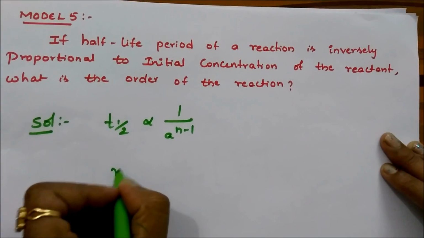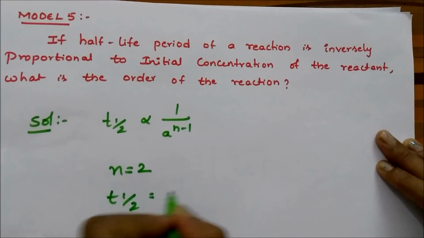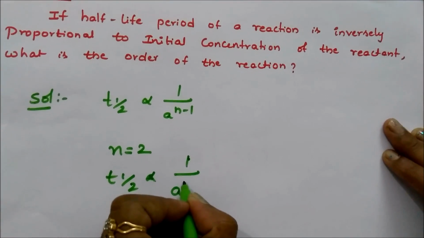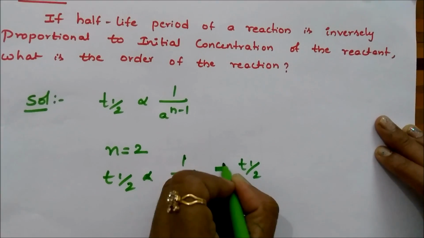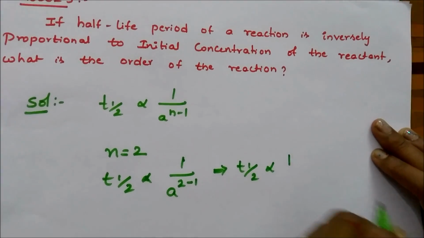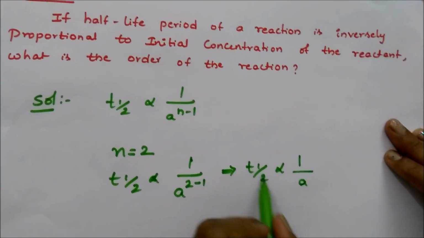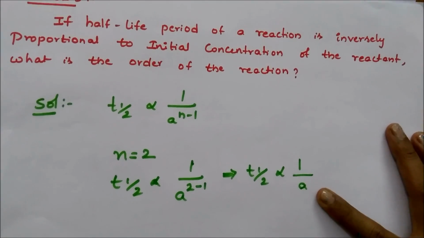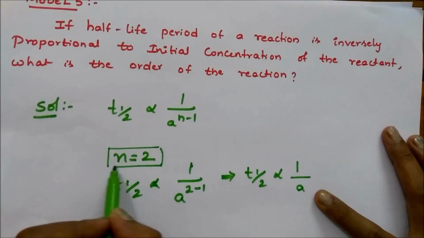If we substitute n as 2, then T half is proportional to 1 by A to the power of 2 minus 1, so T half is proportional to 1 by A. In this case, T half is inversely proportional to the concentration of the reactants, right? Then what is the order of the reaction, students? Second order.